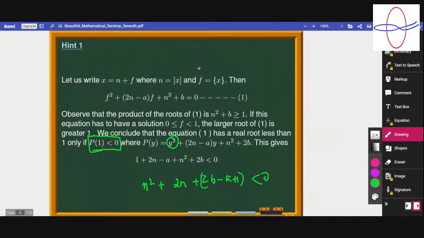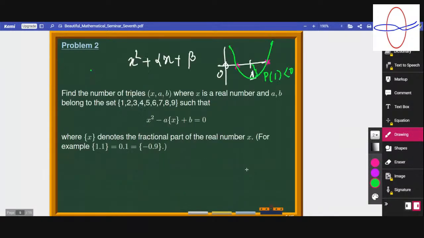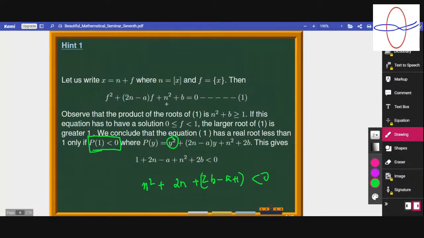So now we know that n is an integer, and a and b are integers as well in this set. Therefore, we have to see for what n values we have solutions. So let's check the values. What is the maximum value of 2ab minus a plus 1? The maximum is when a is equal to 1 and b is equal to 9, so the maximum can be 18.